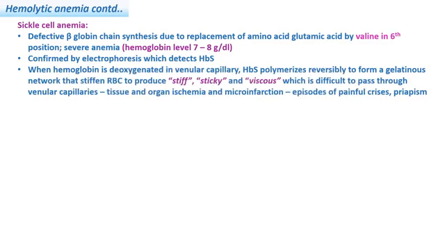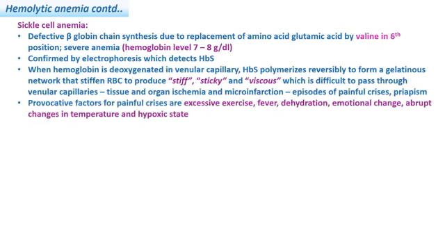When hemoglobin is deoxygenated in the capillary, hemoglobin S polymerizes reversibly to form a gelatinous network that stiffens RBC to produce stiff, sticky, and viscous cells, which is difficult to pass through the venular capillary. As a result, there is tissue and organ ischemia and microinfarction, episodes of painful crisis and priapism.